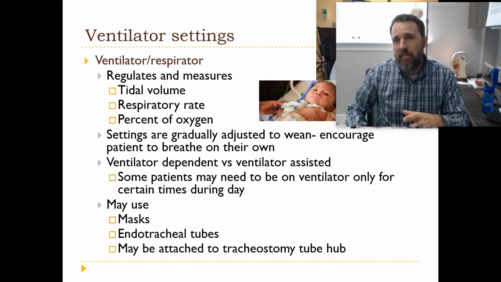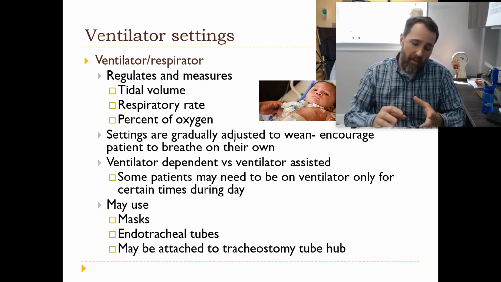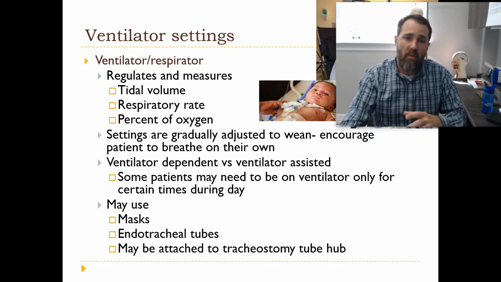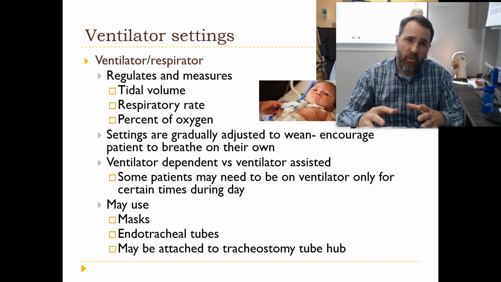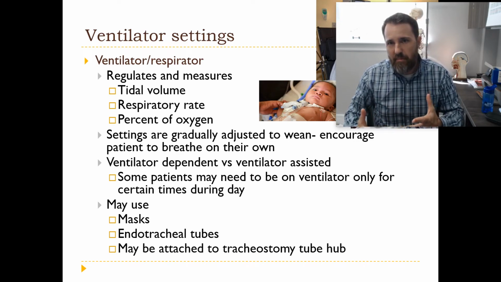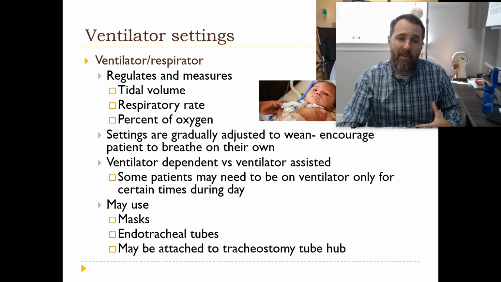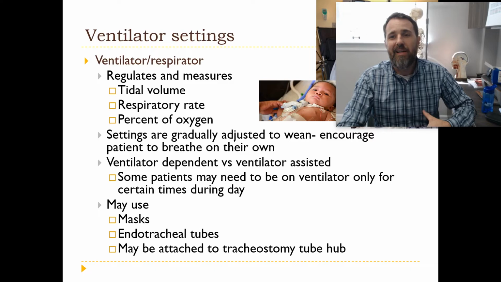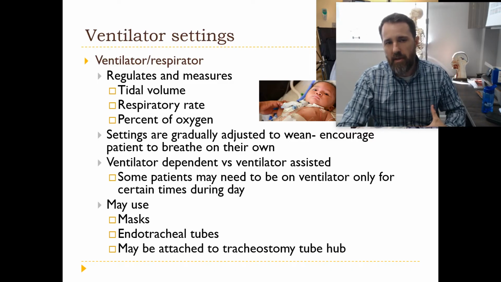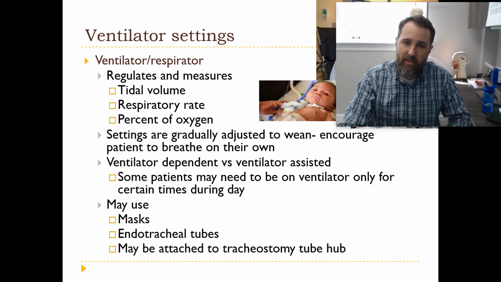So as soon as that patient starts showing signs of strength, the doctors will start turning down the strength of the ventilator, prompting the patient's body to start taking on some of the responsibility for breathing. And you're talking about increased muscular action, increased muscular strength to complete that respiration.